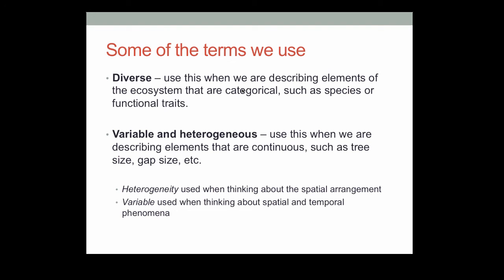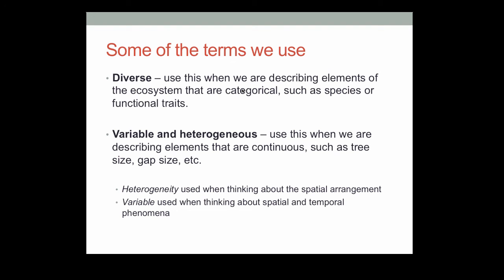Two other terms that really focus on describing elements that we would consider to be continuous rather than categorical, things such as tree size and gap size and number of snags per hectare and things like this. These are continuous variables that we may describe as being used to describe the complexity of an ecosystem that is going to be heterogeneous, or is it variable?